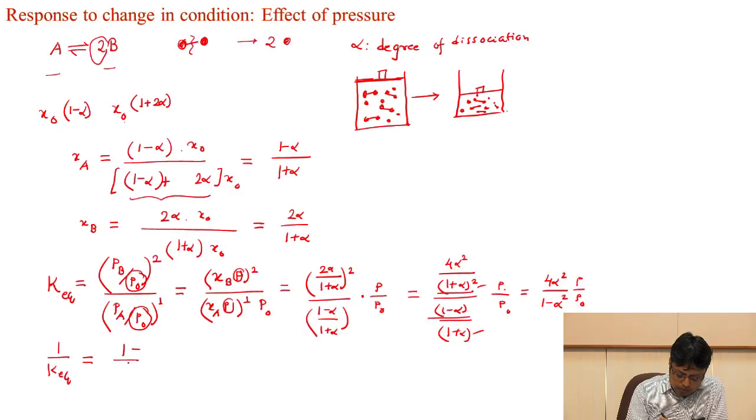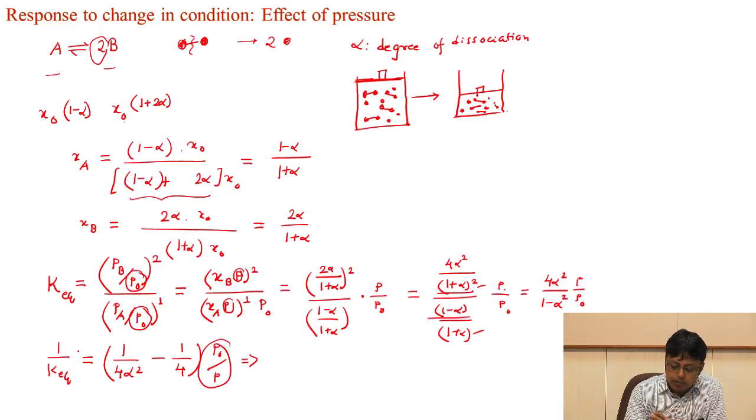So it will be 1 by 4 alpha squared minus 1 over 4, now I'll have P0 by P, and then I can take everything else on the other hand side. I'm just multiplying it by the 1 over K equilibrium by this term, and adding 1/4 to it, and then let's see what happens.